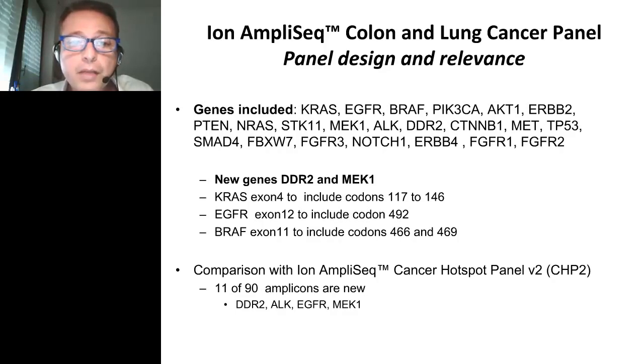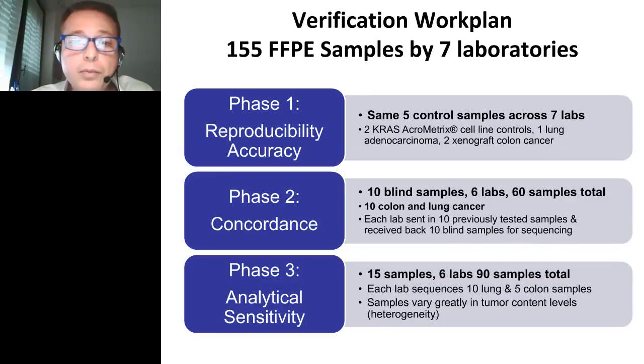The third phase was aimed to evaluate analytical sensitivity of the panel, and therefore 6 labs were asked to analyze each 15 difficult samples, in particular samples with a very low percentage of tumor cells, so with a high level of tumor heterogeneity. The data were analyzed by using the Ion Reporter, and a specific workflow has been elaborated, and a variome knowledge base specific for this panel has also been generated.